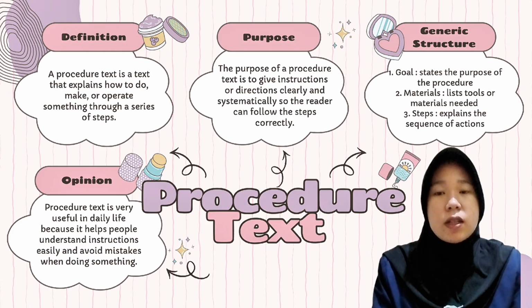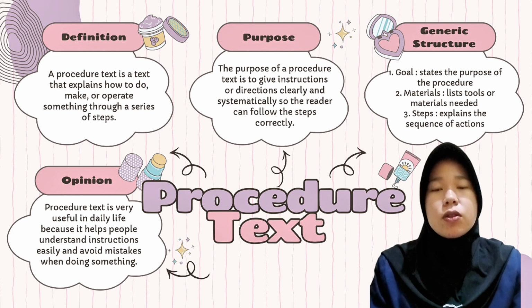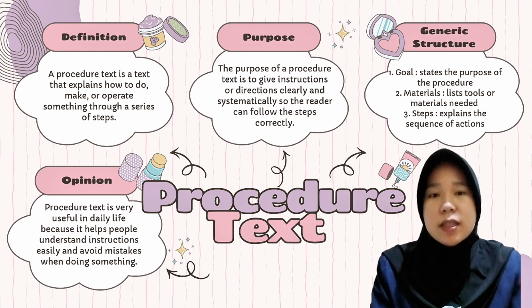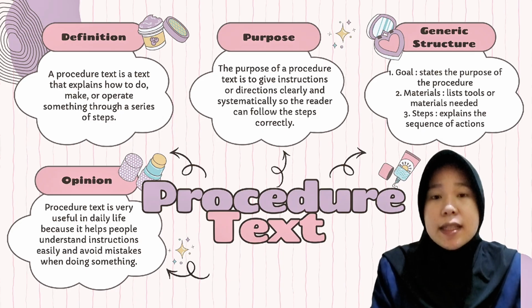The first one is the goal. The goal tells us what we want to do or make. The second, materials. Materials contain the tools or ingredients needed. The third, steps. Steps explain the sequence of actions from beginning until the end. These parts are very important in the procedure text.